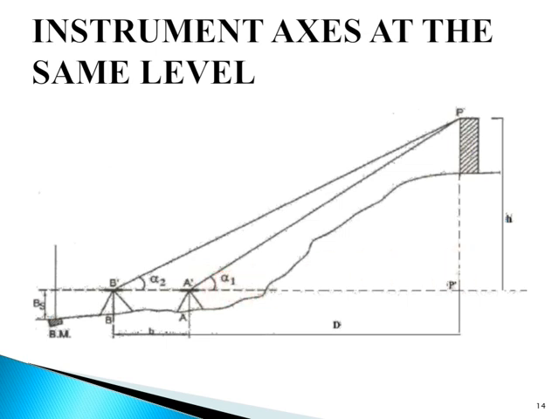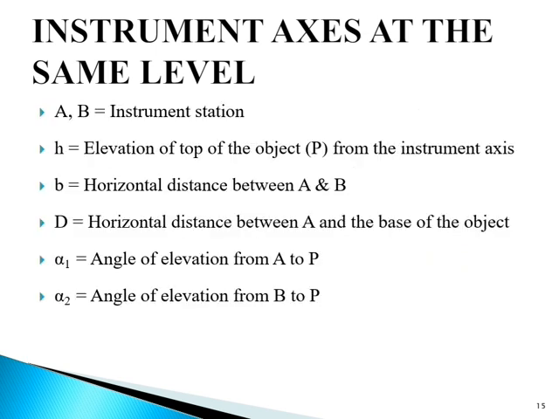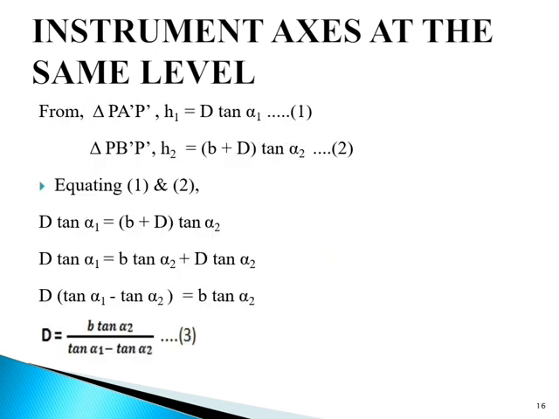It is given by h1 equal to D tan alpha 1, and similarly from triangle P B' P', h2 is equal to small b plus D into tan alpha 2, which will be termed as equation number 2. So equating 1 and 2, D tan alpha 1 is equal to (b plus D) tan alpha 2.